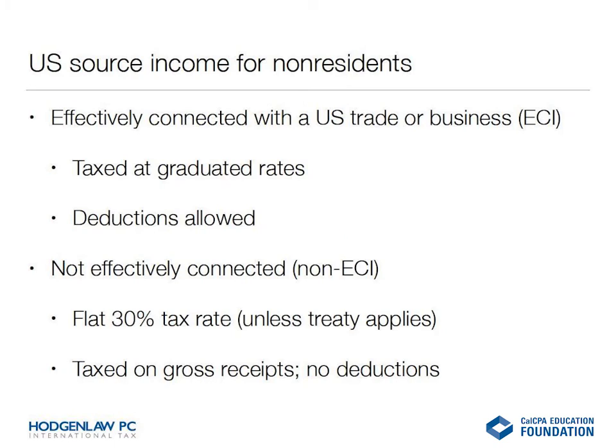And the not effectively connected income, just to go into a little bit more about that, that's things like interest, dividends, royalties, stuff like that. It's not stuff like services or things you would think of as more active income typically.